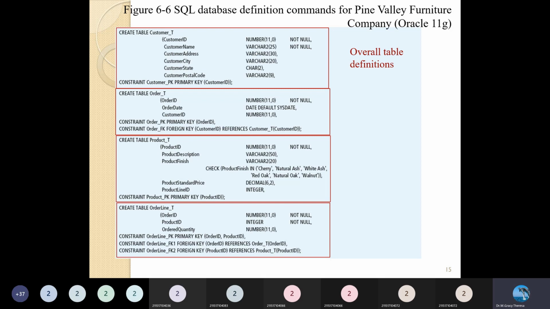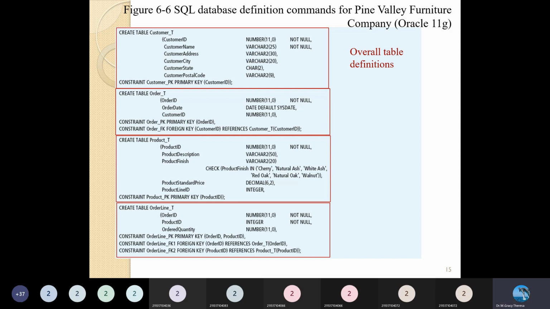Okay, and this is a referential constraint, that is we have a customer and order, whereas the order ID has a relationship with, that is this customer and order has implicit relationship.